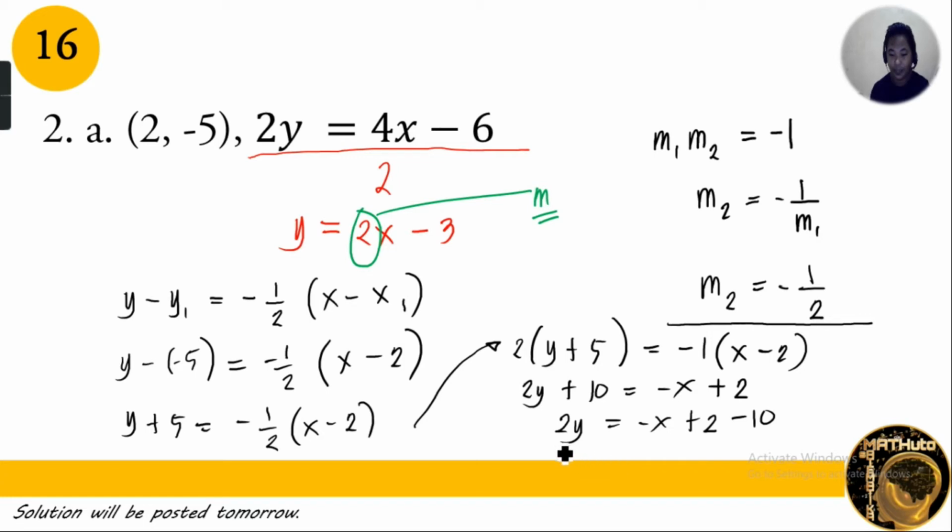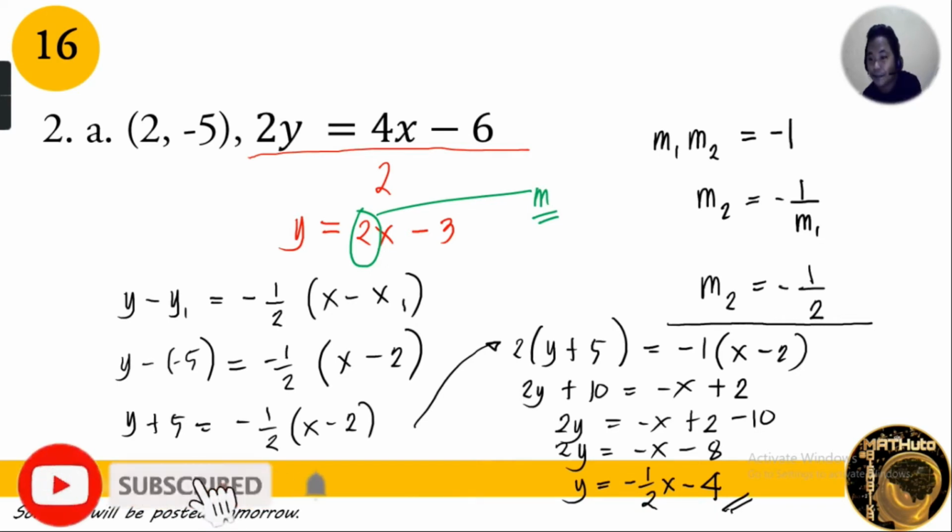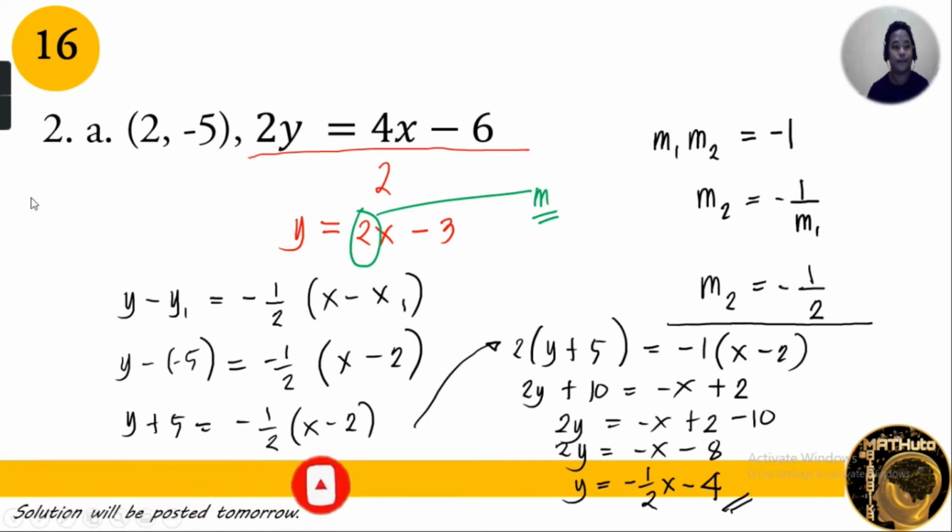Then, we have 2y is equal to negative x minus 8. Then, we have y is equal to, divide both sides by 2 po. Kaya magiging negative 1 half x, 8 divided by 2 is equal to 4. Ito na po yung ating equation. y is equal to negative 1 half x minus 4. Simple po.